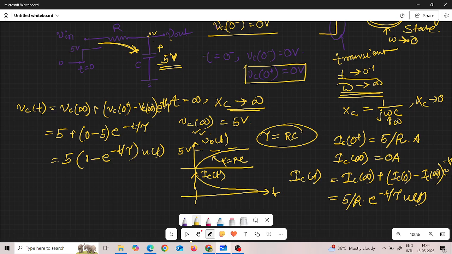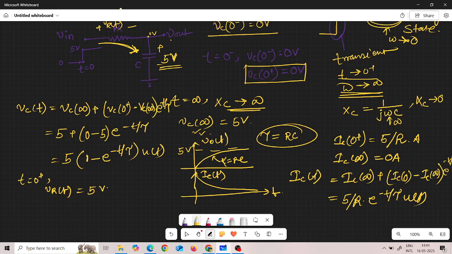Now what will be the waveform of the voltage across the resistor? We have to find out. Initially at t equal to 0 plus, the capacitor behaves like a short circuit, so the total voltage will appear across the resistor. So at t equal to 0 plus, the voltage across the resistor is the total 5 volt.